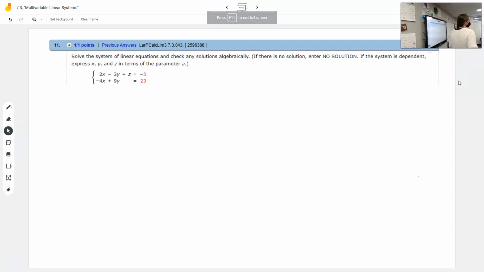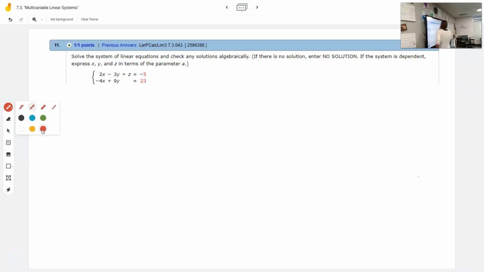Who needs number 11? All right, so let's try to check. I'm guessing a mistake, Ryan, because this is what we would call a non-square system. It's missing that third equation. It's not nonlinear. Does anybody have the word for it?